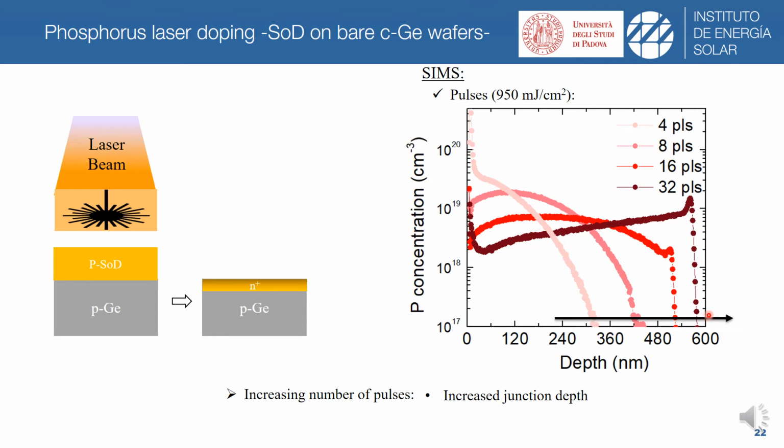And in terms of the phosphorus concentration for this energy fluence, we have observed a reduced concentration of the phosphorus at the surface, and this is because of the diffusion to deeper regions of phosphorus into germanium, and also to phosphorus out-diffusion as in the previous case. Phosphorus out-diffusion, for instance, is very clear in the 32 pulses condition because of this positive slope in the phosphorus concentration near the surface in the secondary ion mass spectrometry measurements.